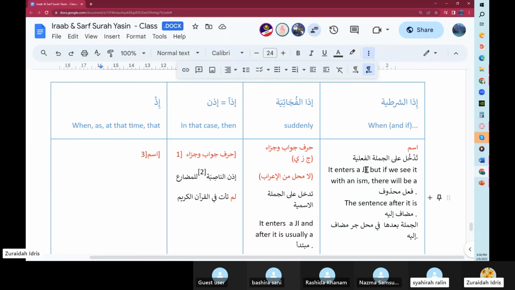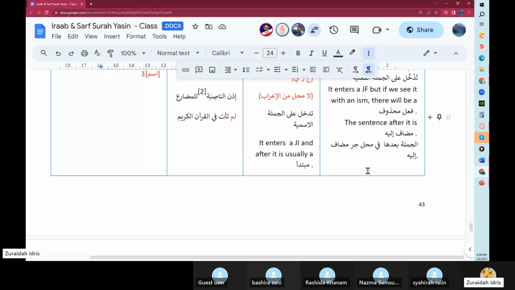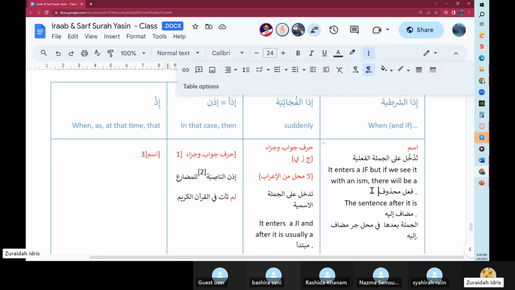If you don't see a jumlah fi'liyah, and you see instead a jumlah ismiyah, then be sure there is a fi'il that is mahzuf, because the condition is it must have a fi'il. So when you do the irab, you will have to find a suitable fi'il to put where the jumlah fi'liyah is supposed to be, even though what you see is an isim.